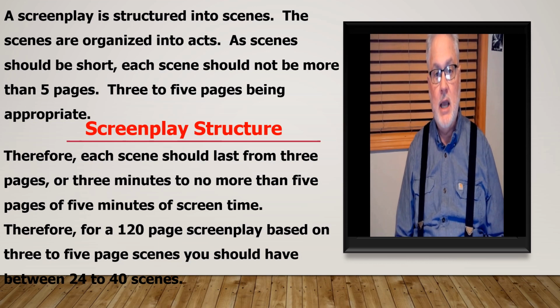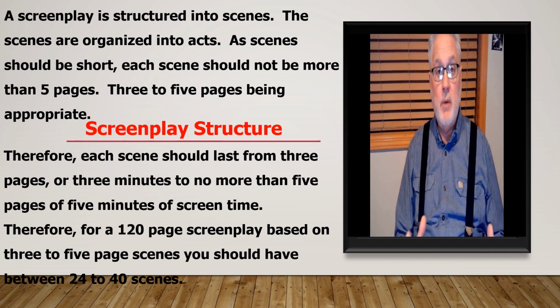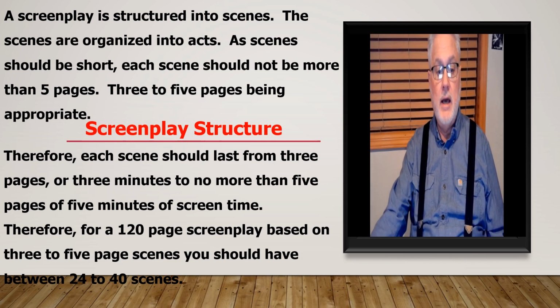You have now taken the elephant and broken it down into bites that you can swallow. So, if you take a 120-page screenplay, break it down to 3 to 5 minute scenes, you'll have between 24 and 40 scenes, somewhere in there. Now that's doable. That's an elephant you can eat.